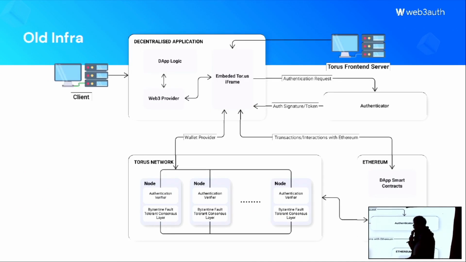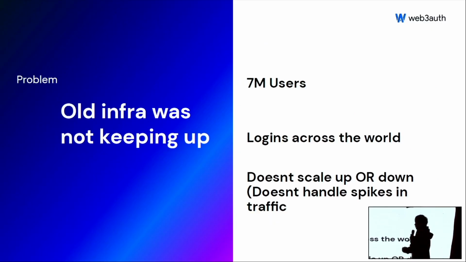Well, not really. Our main bottleneck was our infrastructure behind the scenes and the fact that it needed to be everywhere. The three things that we wanted to fix were handling the number of users, scaling up and down so that we didn't pay so much in AWS or GCP or any cloud provider costs, or have our nodes suffering, and then logins across the world.